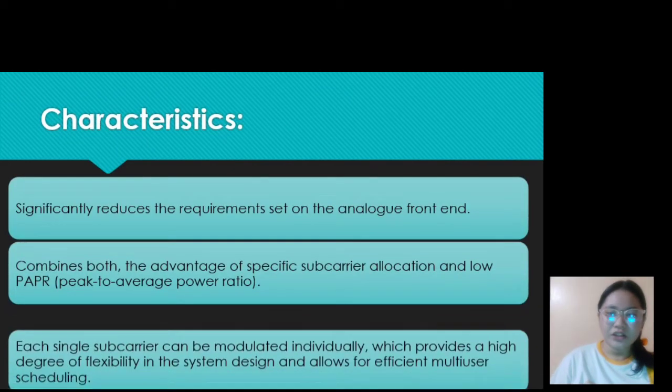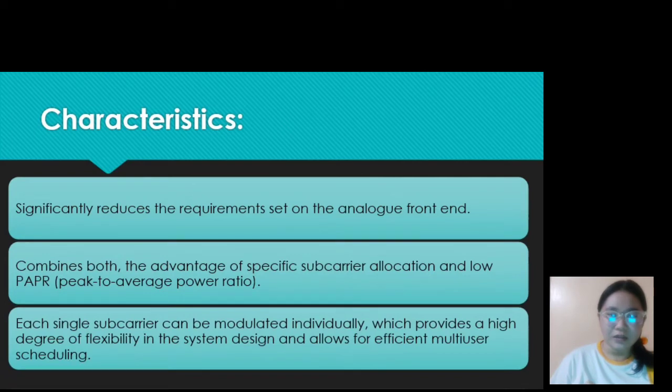Here are some of its characteristics. GFDM significantly reduces the requirements set on the analog front end. In particular, GFDM combines both the advantages of specific subcarrier allocation and low PAPR, or peak-to-average power ratio. Low PAPR allows to reduce the hardware cost and power consumption, which is an important selling point for future wireless systems.